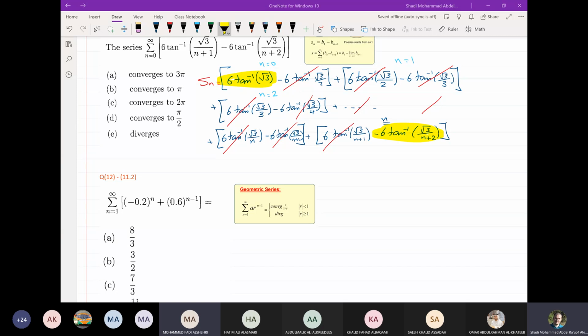Sometimes you get the second with the previous one, meaning the second with n minus 1. In some cases, but in most cases we will get the first with the last.